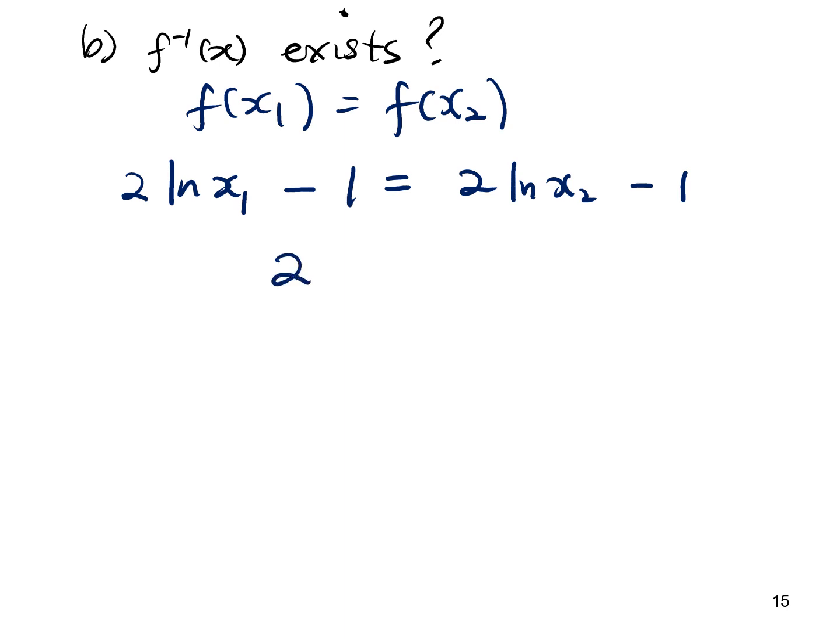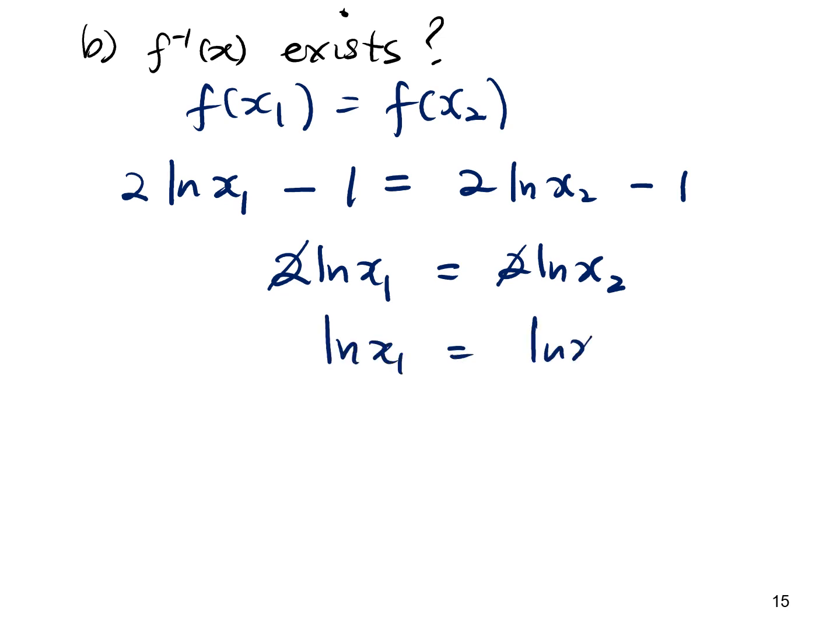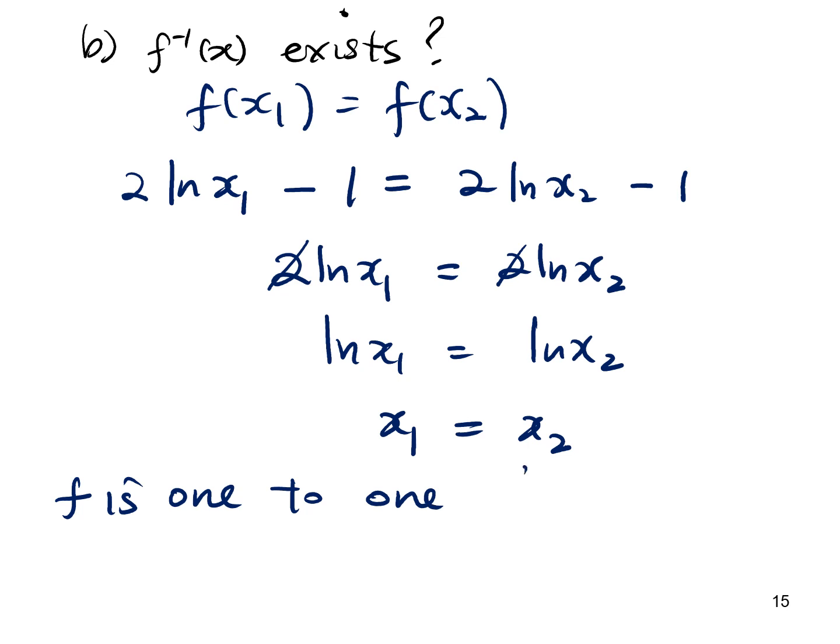So you have 2 ln x1 equals 2 ln x2. So ln x1 equals ln x2, so x1 equals x2. Therefore, f is a 1 to 1 function. Therefore, f inverse exists.